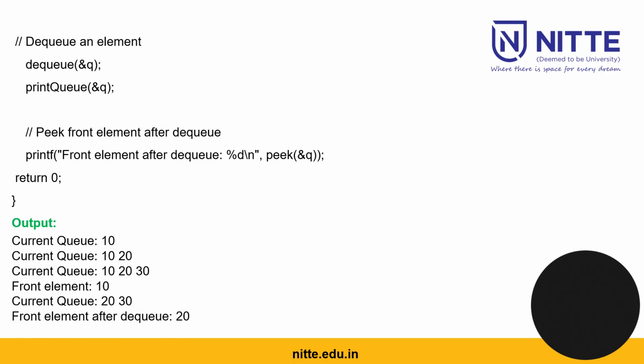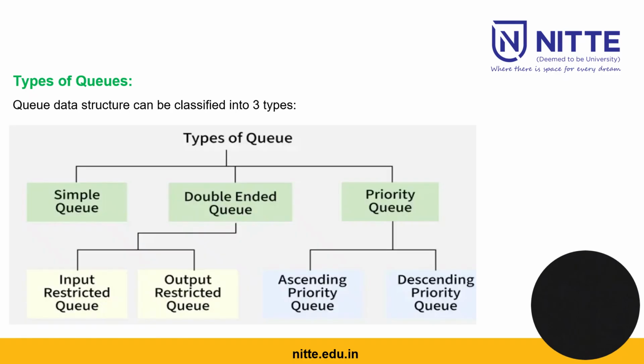The front element after dequeue is 20, because here I am peeking it. Once I execute this peek, it will print that peek element, which is 20 in this case. So like this we execute the peek and other enqueue and dequeue operations in the queue.